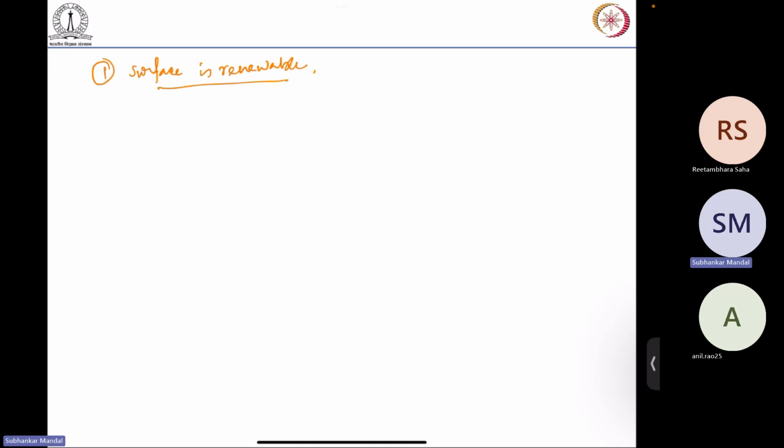That's why that electrode is not renewable. But in the case of mercury, that's not the case, where a new drop is forming.